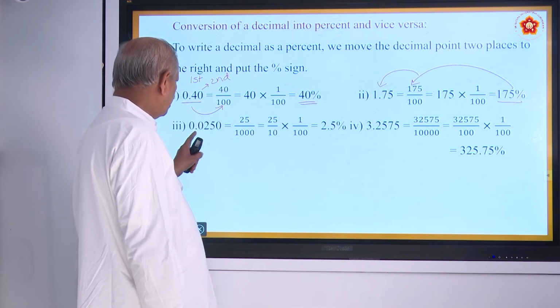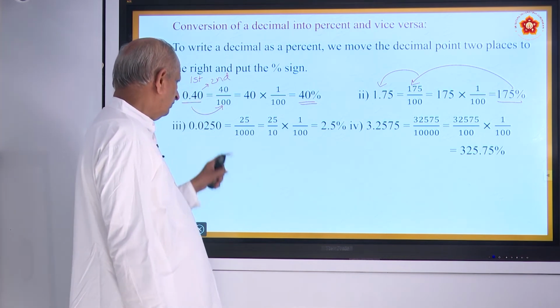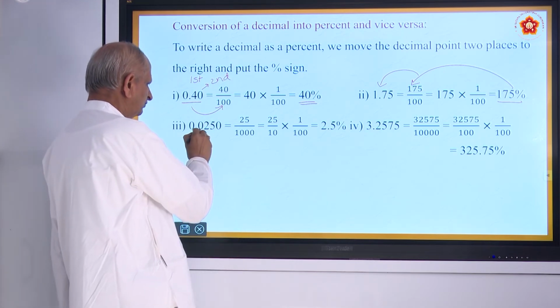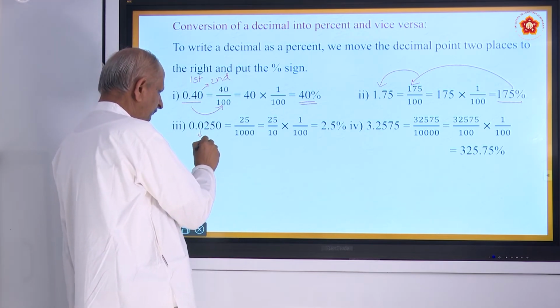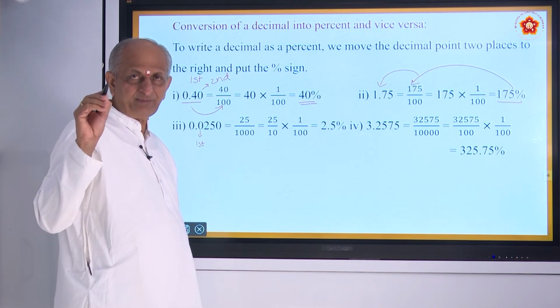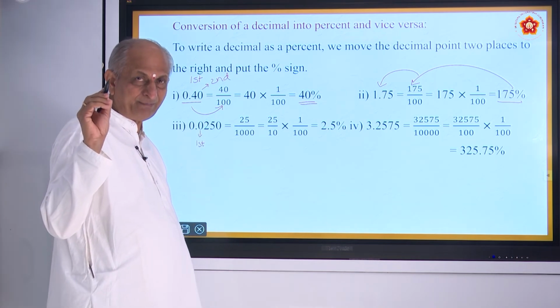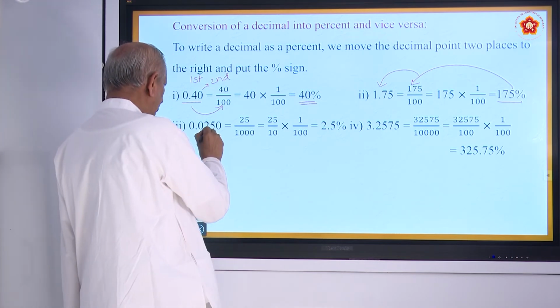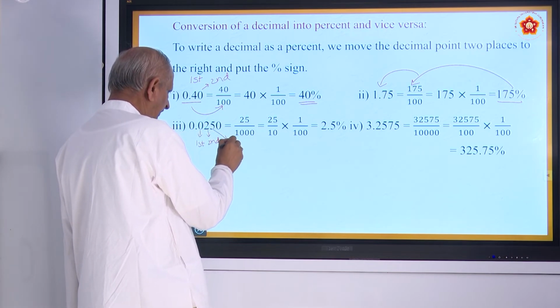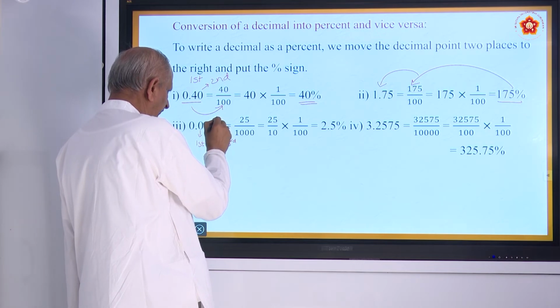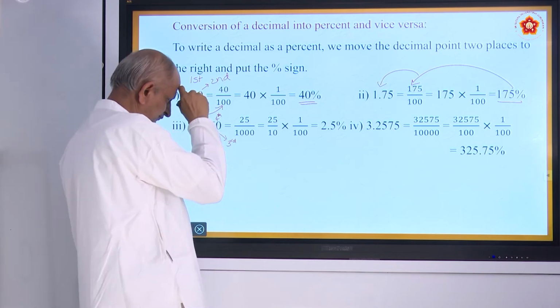And coming to 0.0250, how many decimal places here? This is called first decimal place. All that comes after the decimal point, we call it as decimal places. This 2 is called second decimal place, 5 is called third decimal place, 0 is called fourth decimal place.